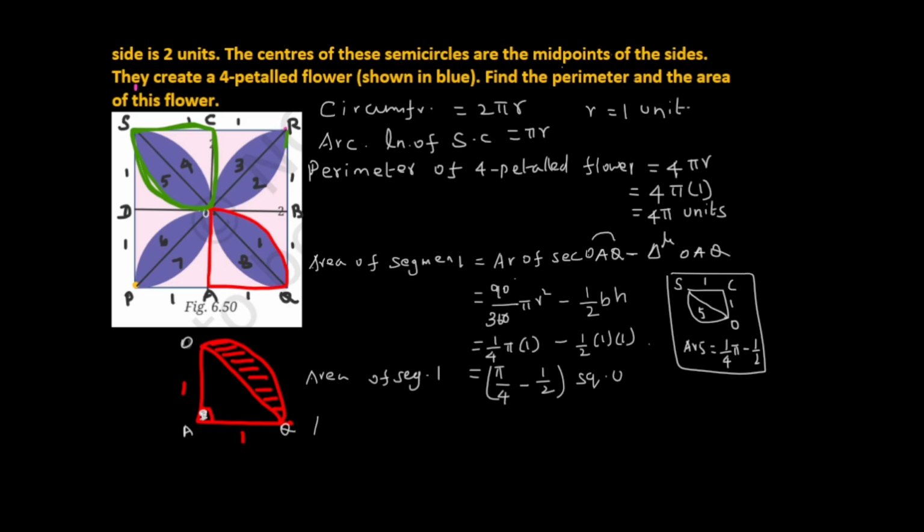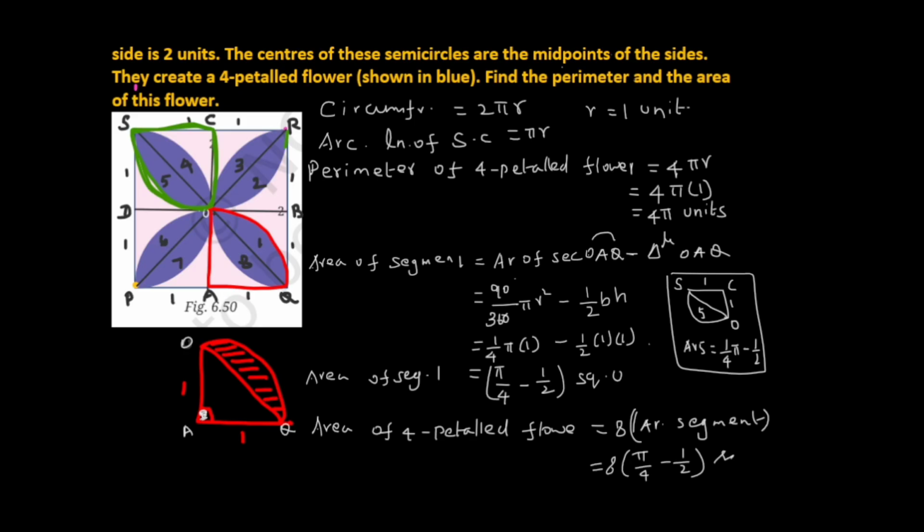So totally the area of the 4 petaled flower is equal to 8 times the area of a segment. So 8 into pi by 4 minus 1 by 2 square units.